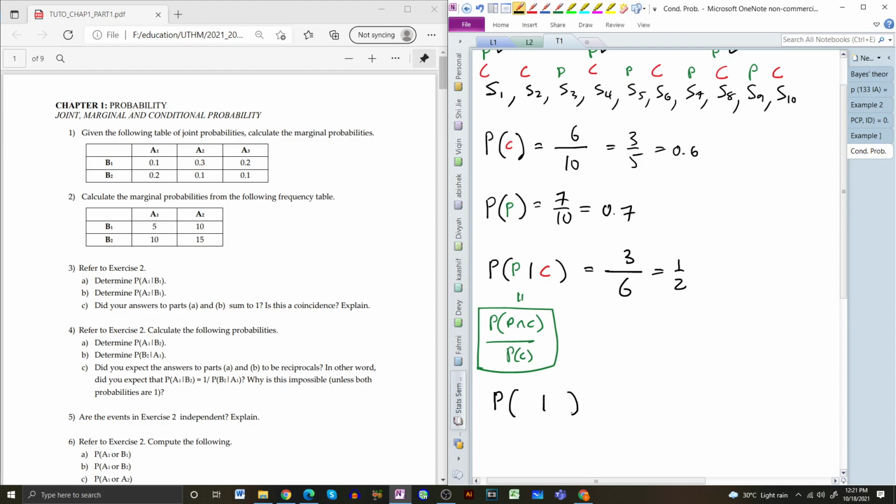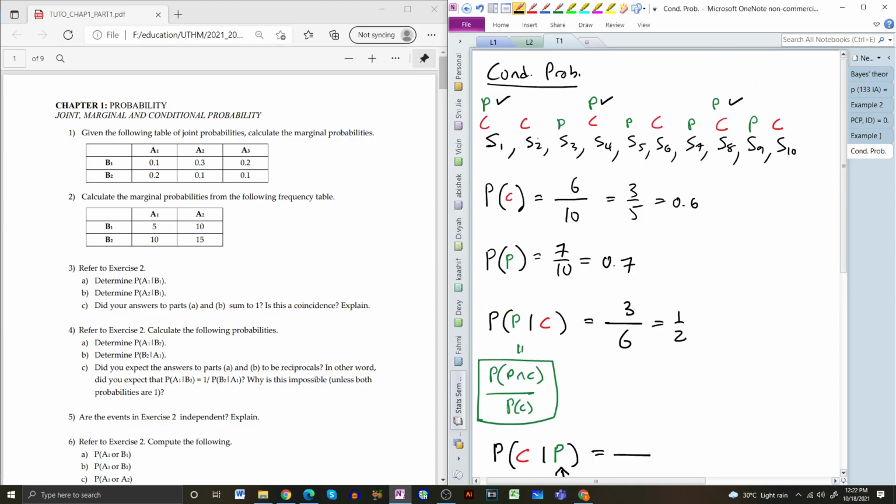Now if I change a little bit, given they are wearing spec, what is the probability he is also a curly hair? So who is my respondent now? Who is my sample? Those who are wearing spec. How many of them are wearing spec? 1, 2, 3, 4, 5, 6, 7.